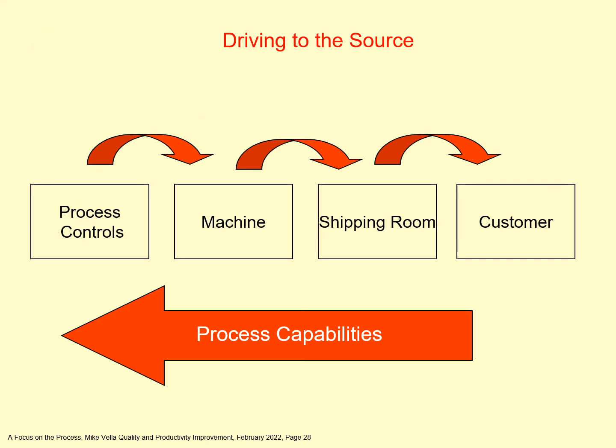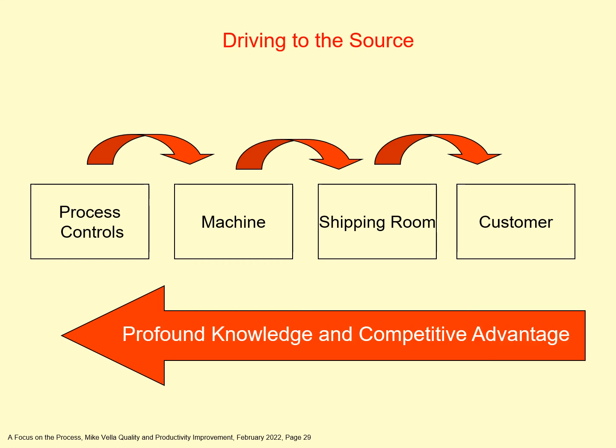The point is, drive to the source. Look towards process control. Get capabilities on those process controls. Understand how they operate. Make sure that you have mastery of those process controls. Because when you do, you'll have profound knowledge of those process variables, understanding what level they are at and what each one does, so that when you get that customer complaint, you can go back and understand, gee whiz, that temperature maybe was too high.